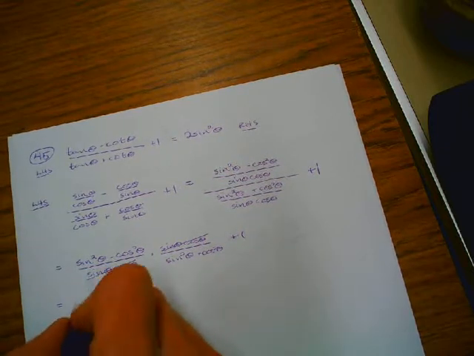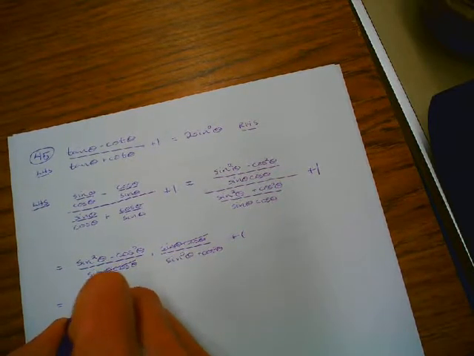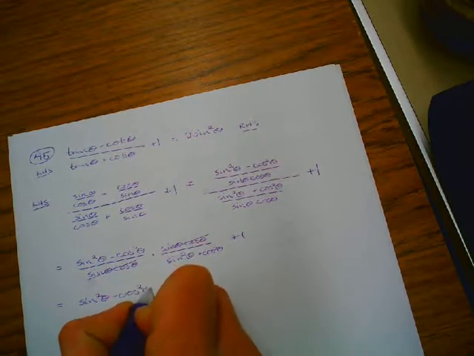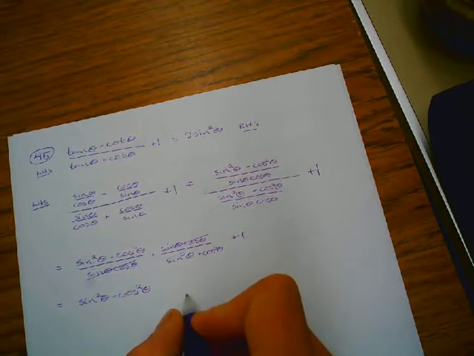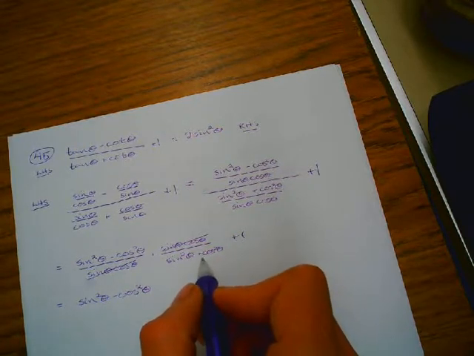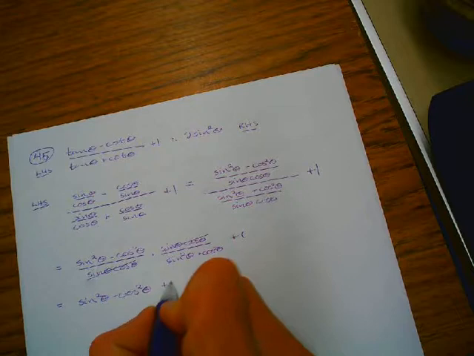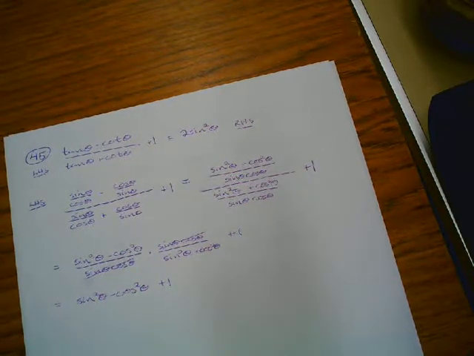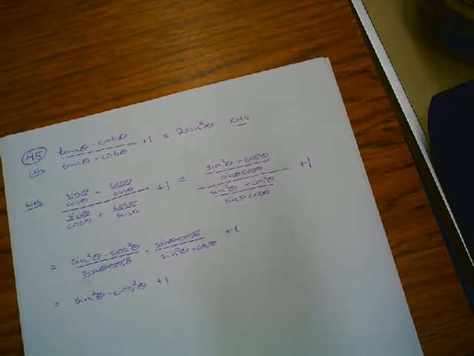So this is sine squared theta minus cosine squared theta times 1, really, which doesn't change anything. So I'm just going to add my plus 1. Are we going to write the plus 1 as sine plus cosine to get rid of the cosine squared?